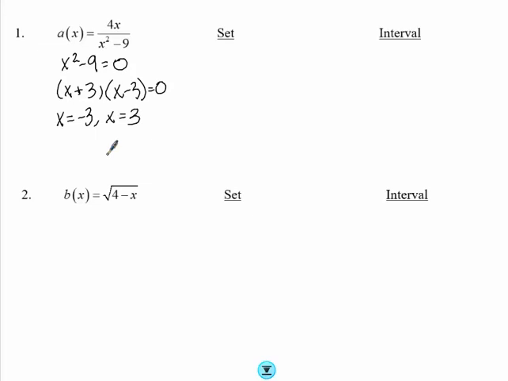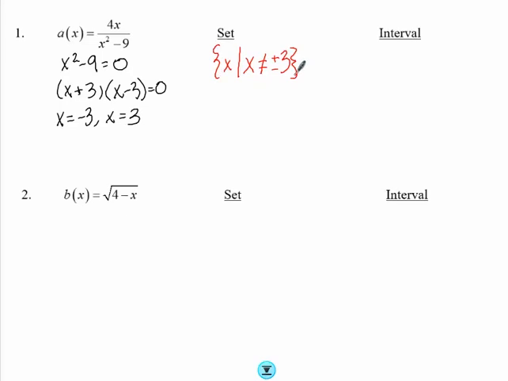You should be familiar with both set and interval notation. If I'm going to write the domain for this in set notation, I would say that the domain is the set of all x values such that x does not equal positive or -3. When we write the domain in set notation, we always have curly brackets.